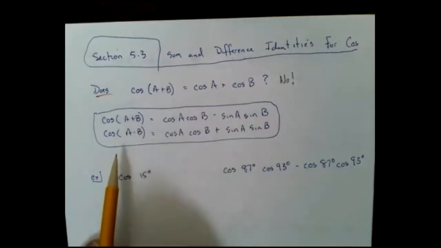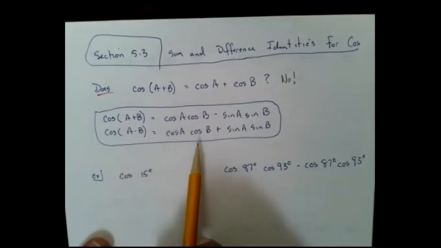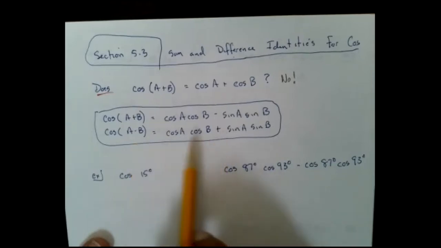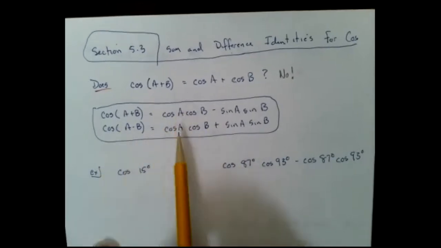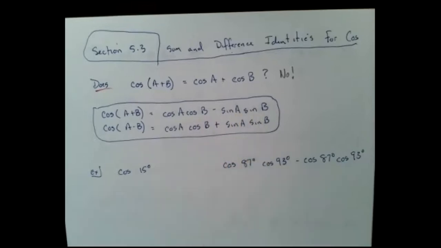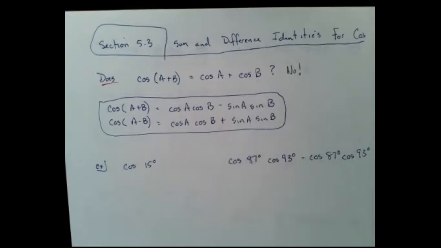And real similar to that, the cosine of a difference is the cosine of the first, cosine of the second, but this time it's plus. So when I'm dealing with the cosine, my signs are opposite. Cosine of A minus B becomes cosine of A, cosine of B plus sine of A, sine of B. As I said, somebody figured that out for us, and we don't need to walk through it. We just need to remember that it's not distributed.